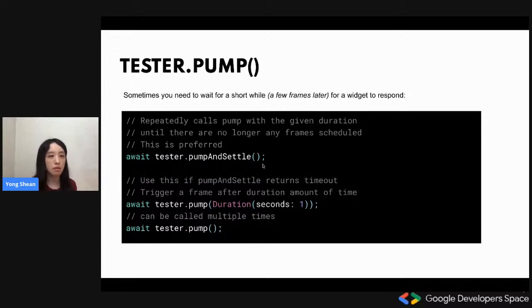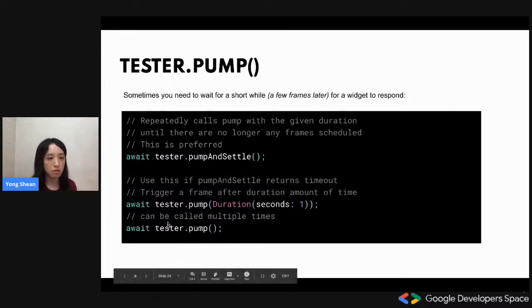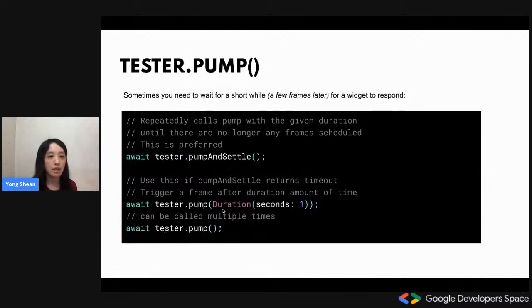When you run this, it will pump a few frames until there are no more frames scheduled after that. I mostly use this. Sometimes I would use the tester.pump, and then you can also put in your duration.